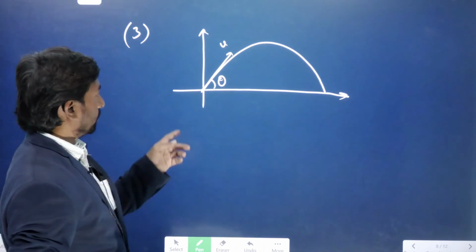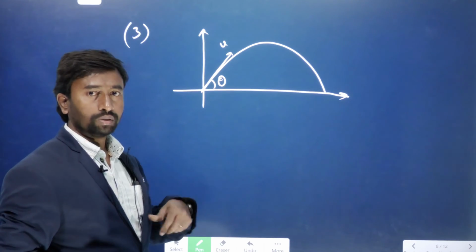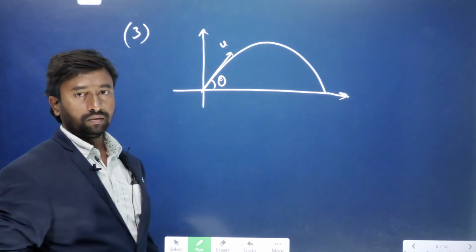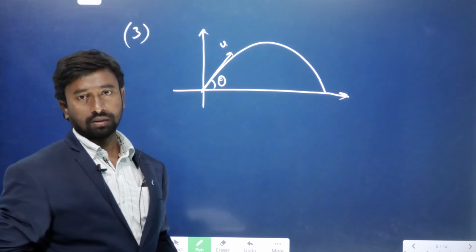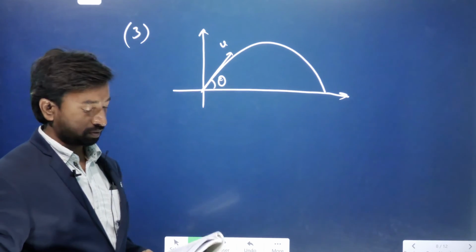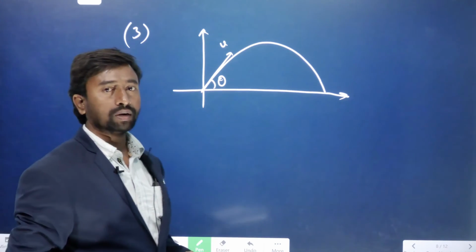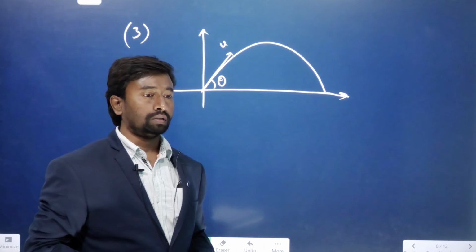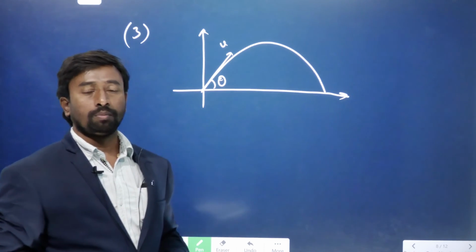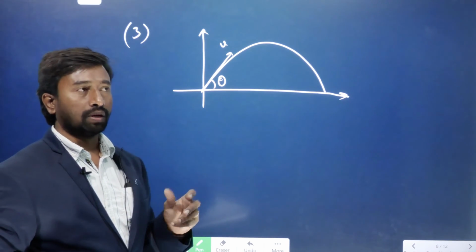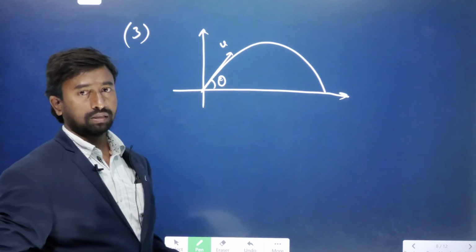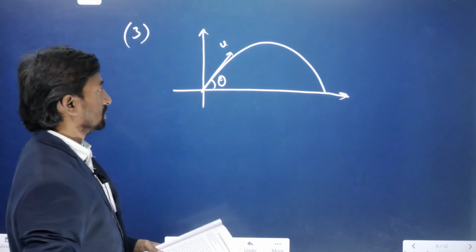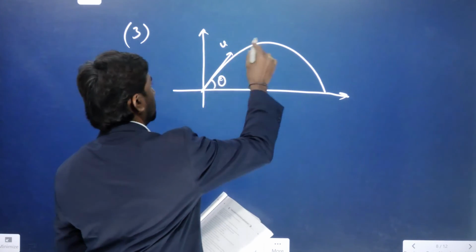So generally, if a body is thrown into the air at a certain angle with the horizontal, it will follow a parabolic path. Suppose it is a rigid body, then the particles of the rigid body may have different motions, but the center of mass of that body will definitely follow a parabolic path.